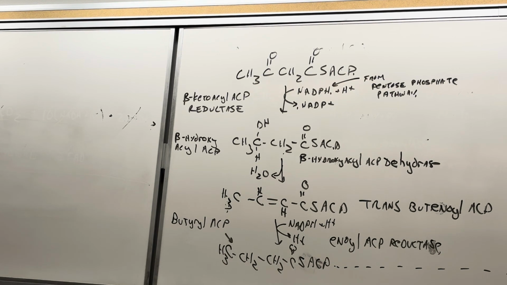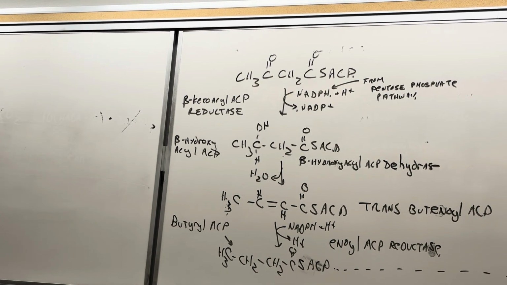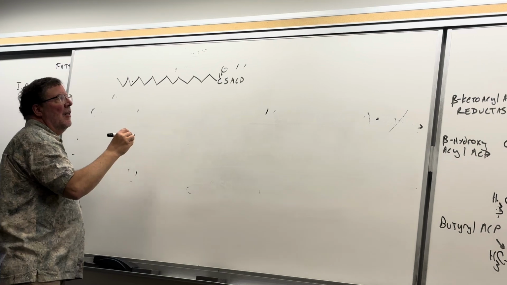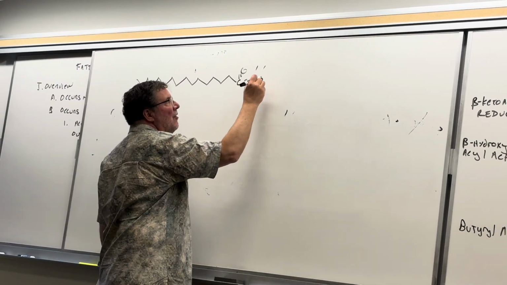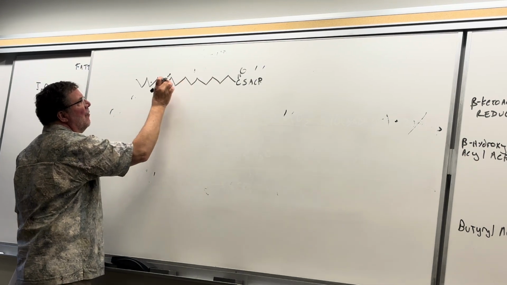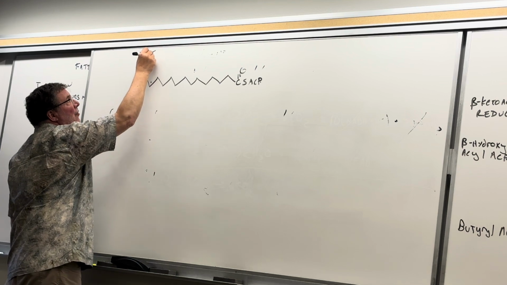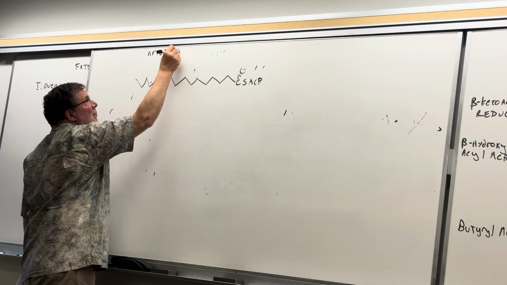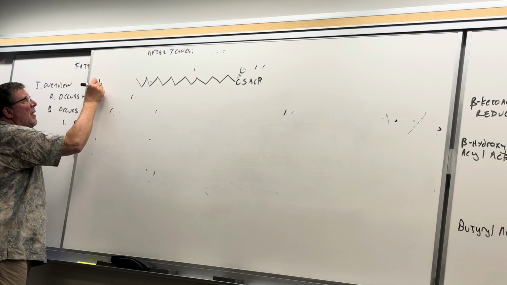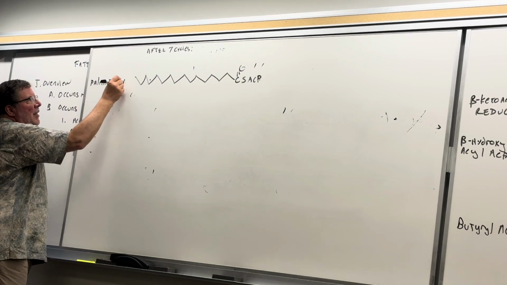So after multiple cycles here, we end up having 2, 4, 6, 8, 10, 12, 14, 16, like this. This is ACP. So let's see how many cycles. This is going to be 1 cycle, 2, 3, 4, 5, 6. After 7 cycles, we get palmitoyl ACP.